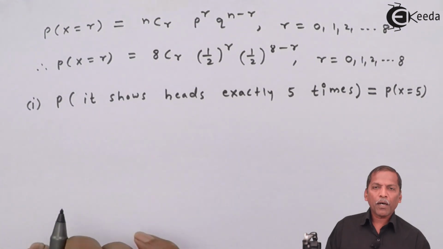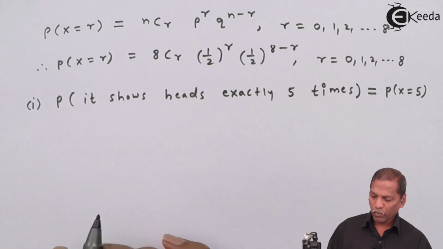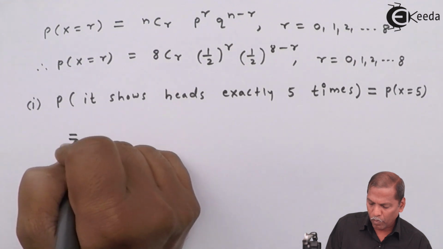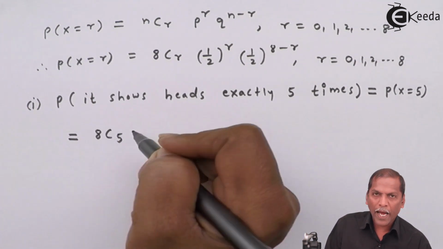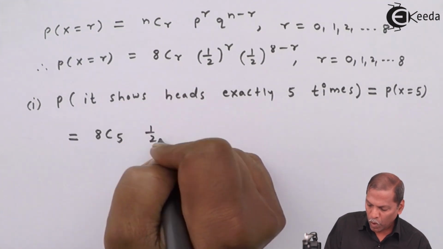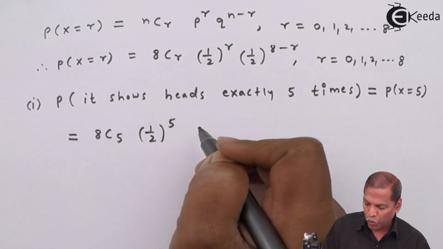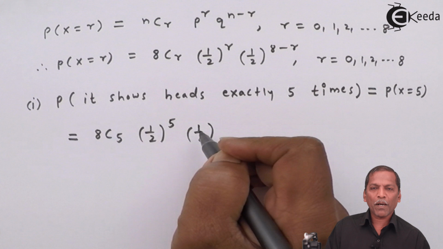So it means here we get the value of r, that is 5. So the next step will be 8C5 into 1 upon 2 raised to 5 into 1 upon 2 raised to 8 minus 5.